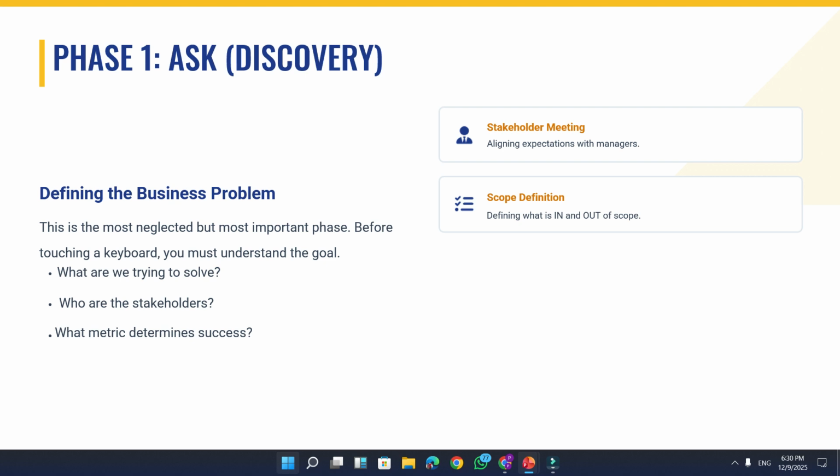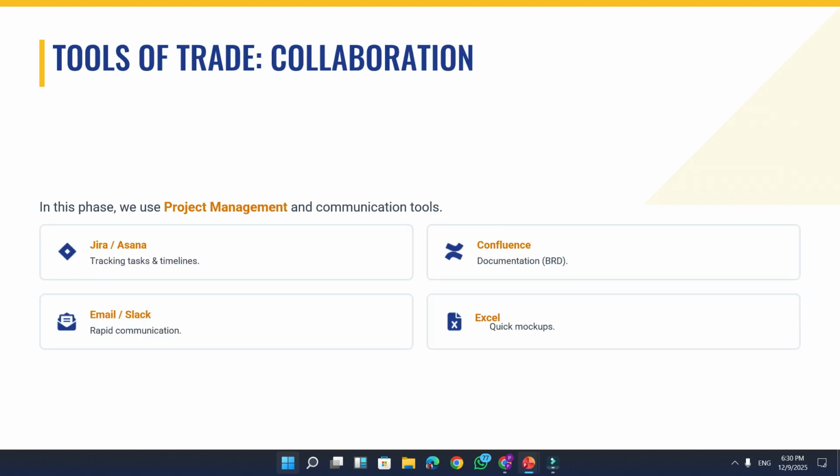About the tooling that can be used here, you will use collaboration tools, and we need to know that tools depend on the data scope, and also most of the time tools depend on the stakeholders.